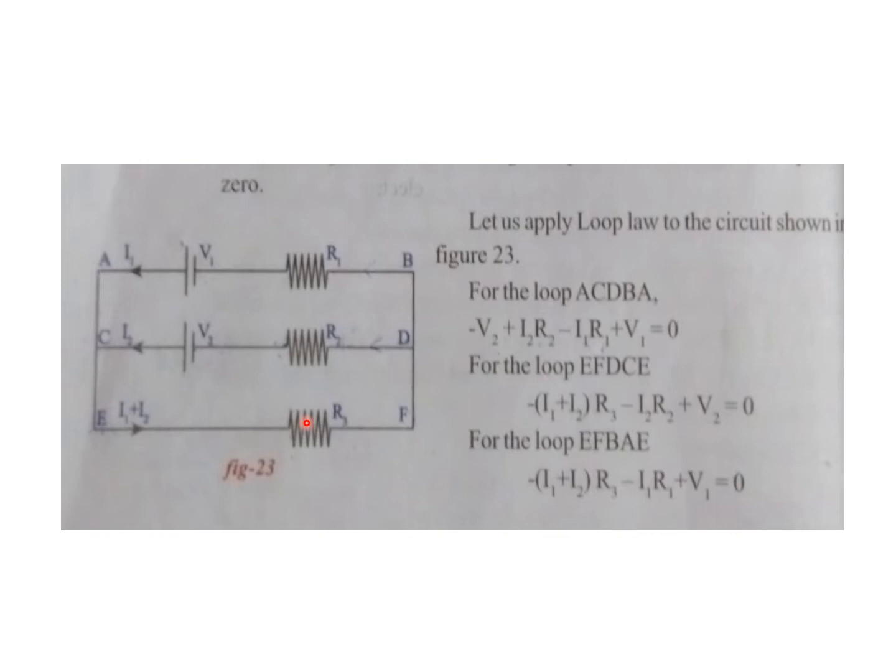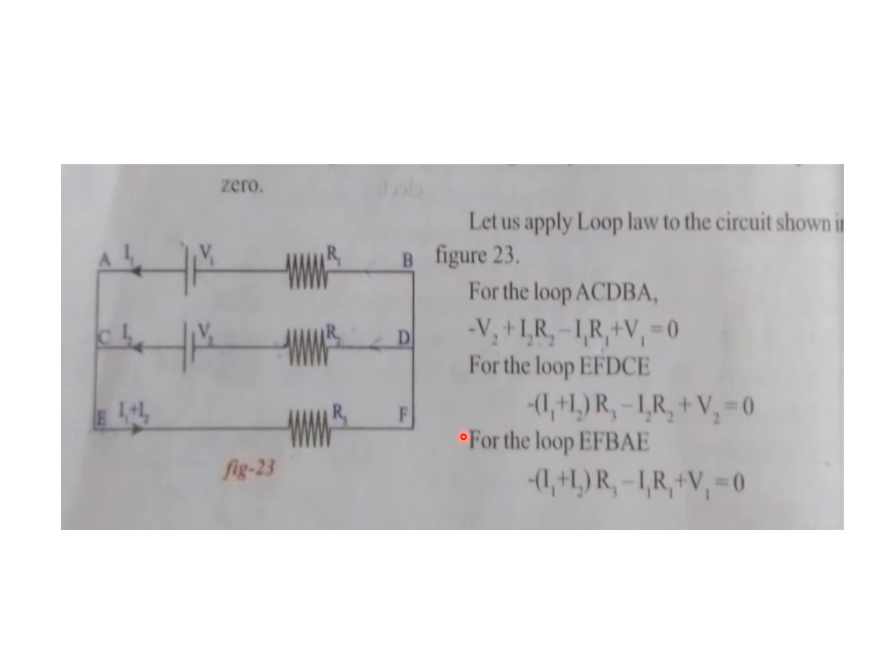Since V is equal to IR, from Ohm's law, the current here is I1 plus I2, and R3 is the resistance. Since the voltage drops, the potential is minus of I1 plus I2 into R3.